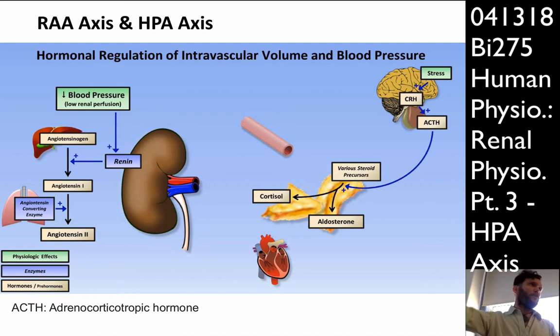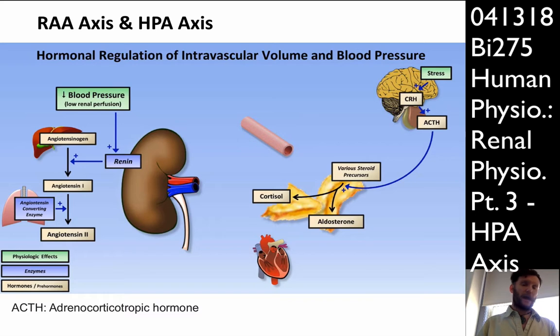So remember when I showed the HPA axis and I put aldosterone on there, and how angiotensin can help potentiate that conversion. I didn't really talk about where these steroid precursors come from, and that's crosstalk with the HPA axis.